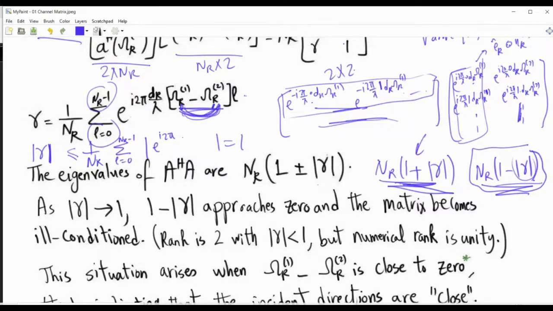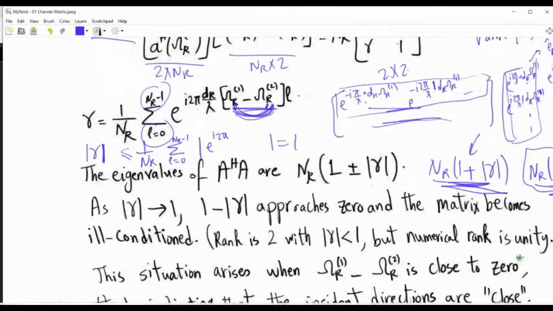If this difference is close to 0, then you are in trouble, because the magnitude of gamma will not be 1, but it will be very close to 1, such that for all practical purposes, the matrix has a rank of 1 and not 2. So this is the story here. We have rank deficiency if the difference between these two is close to 0.